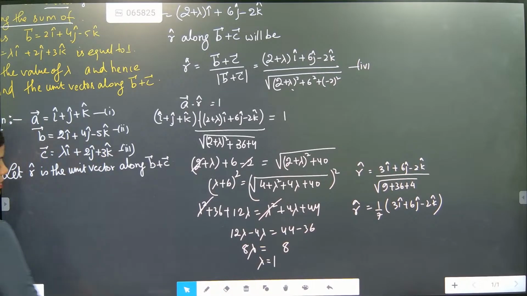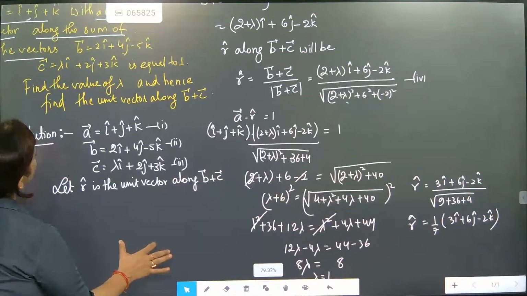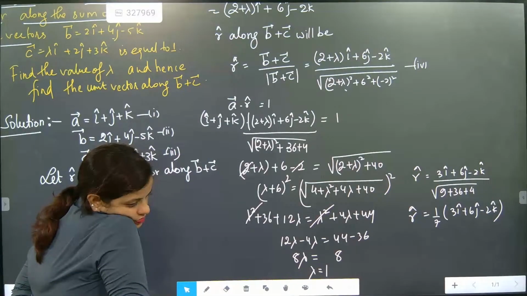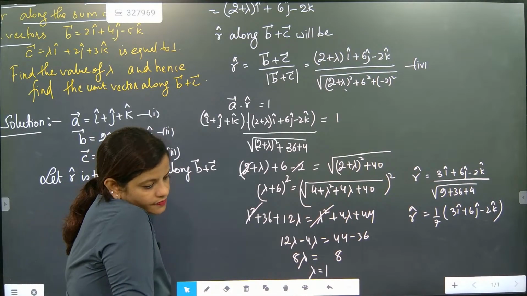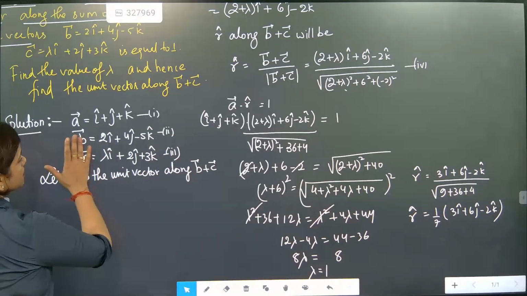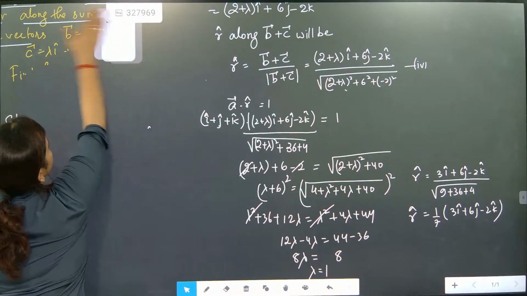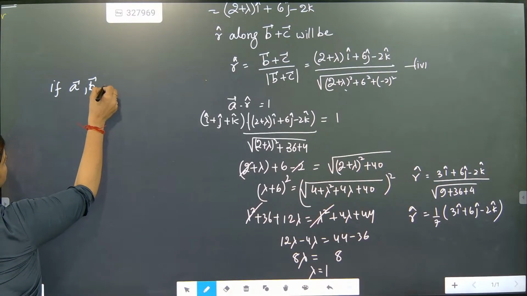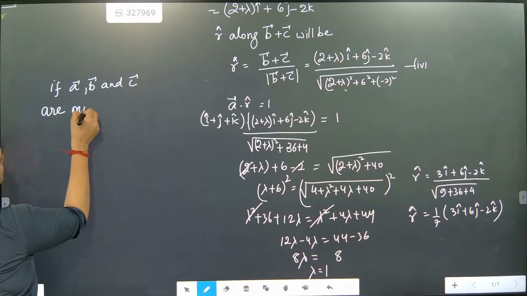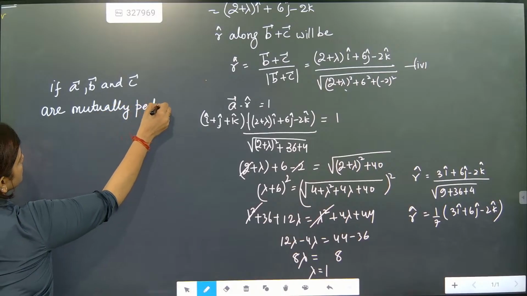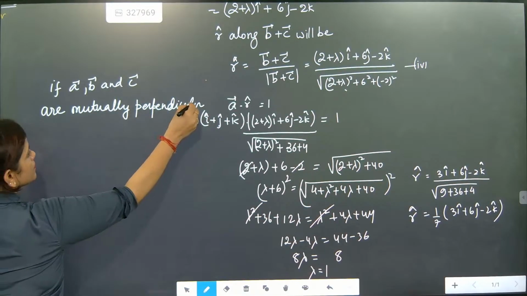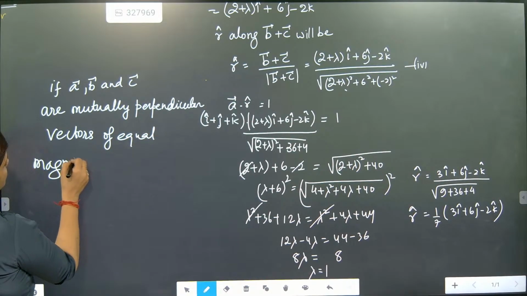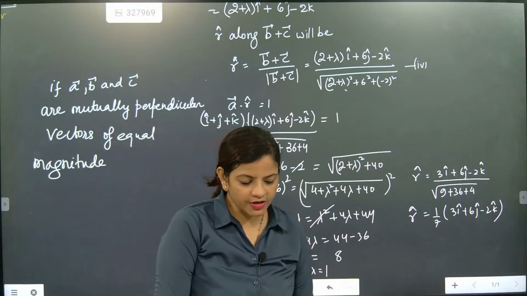Mutually perpendicular. Till then, I can write this. A, B, C are mutually perpendicular vectors of equal magnitude.